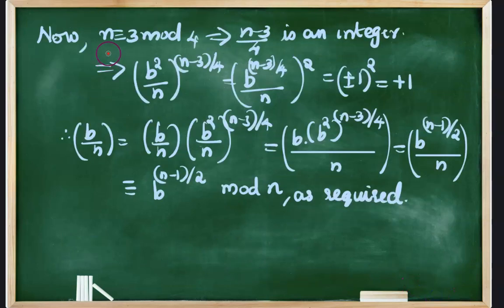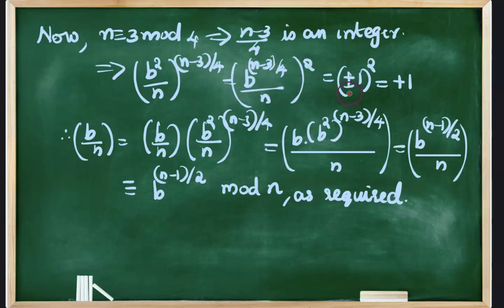Now, we know that n is congruent to 3 modulo 4. So, (n-3)/4 will be an integer. So, we can express (b^2/n) raised to (n-3)/4 as the Jacobi symbol (b^((n-3)/4)/n) squared.